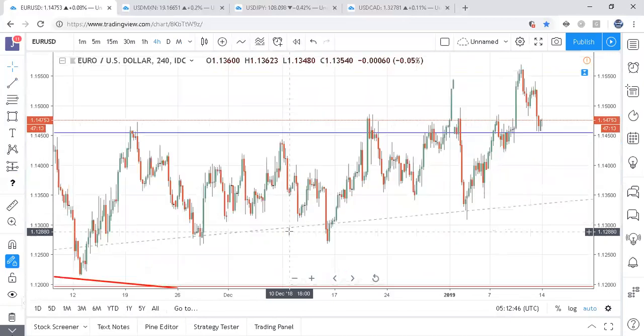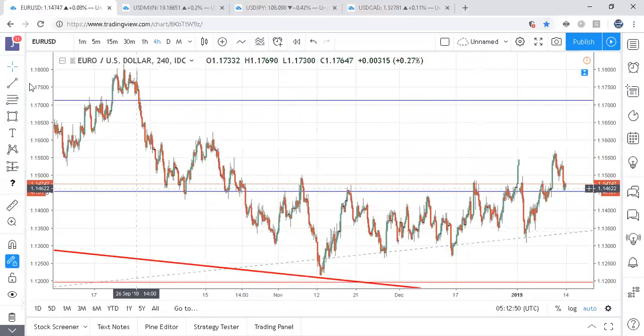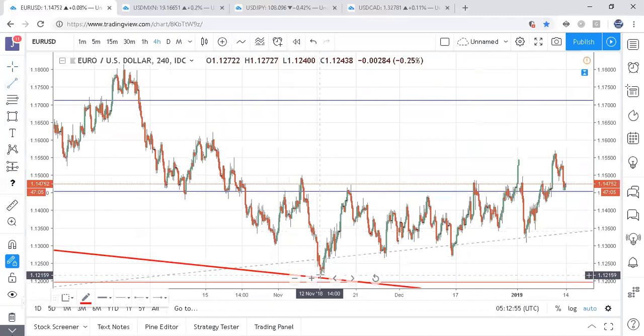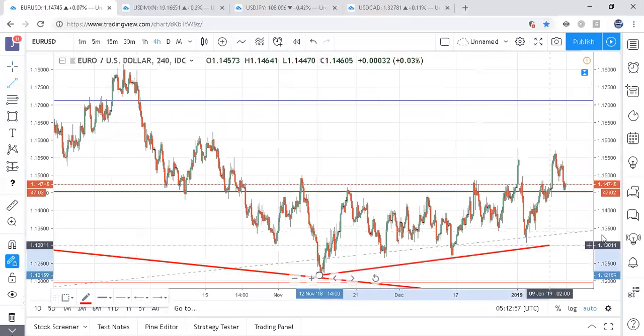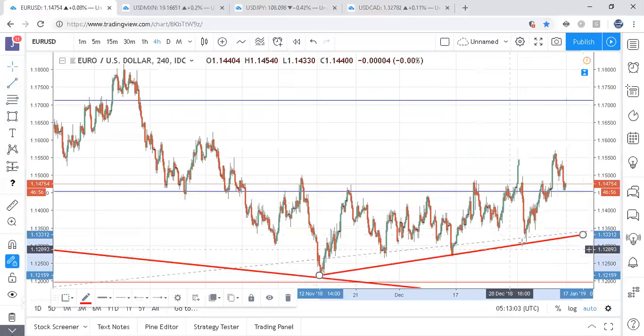Let me show you what I had on the other screen. So before I cleared it out, this is what I had been doing and following, how I had been following Euro-USD. So right here it had this. I was waiting on that third touch.